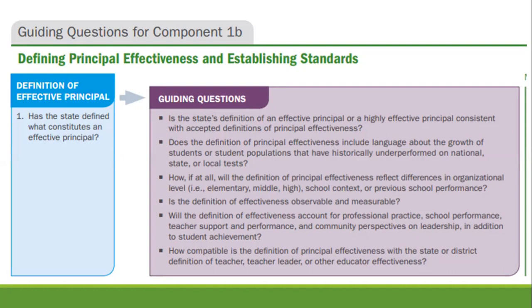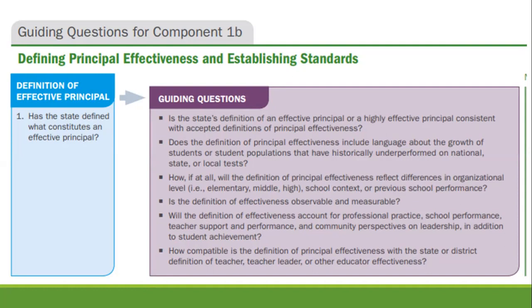How, if at all, will the definition of principal effectiveness reflect differences in organizational level? The organizational level in school context are elementary, middle, and high schools, or previous school performance.